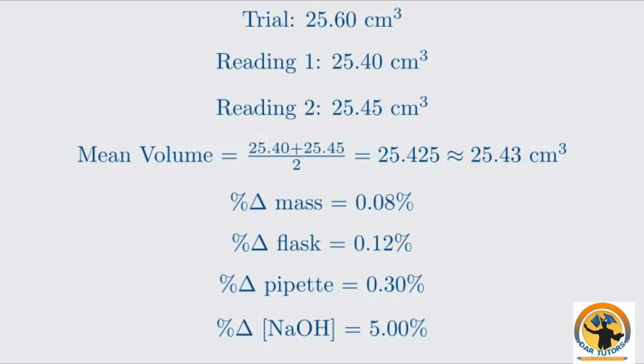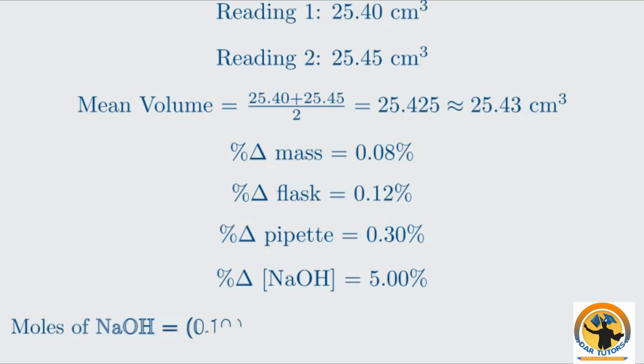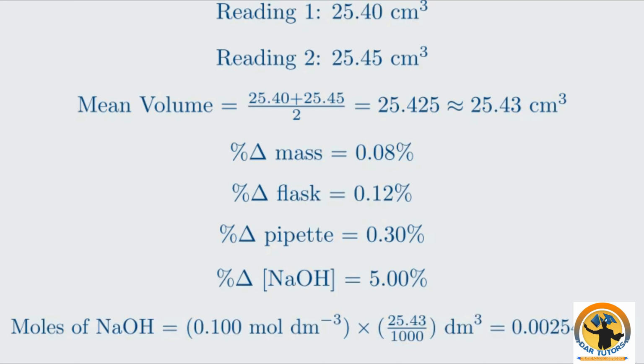Step 2. Calculate the moles of NaOH used. Moles equals concentration times volume. So moles of NaOH are 0.02543 dm3 times 0.100 mol dm-3, which is 0.002543 moles. Now propagate the uncertainty for this multiplication. We add the percentage uncertainties of concentration and volume.